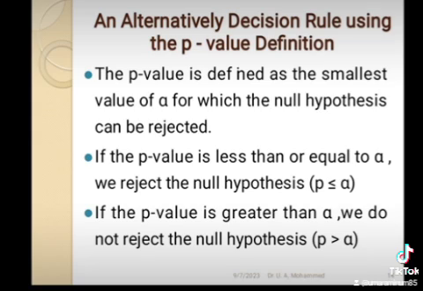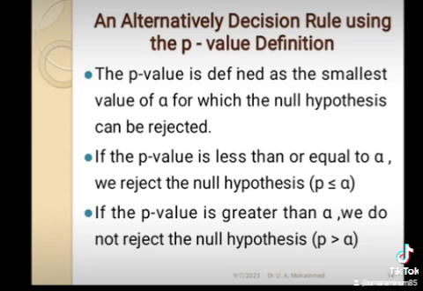The p-value is defined as the smallest value of alpha for which the null hypothesis can be rejected. That's either 0.05, which is the most commonly used alpha value. So now if your p-value is less than or equal to alpha, we reject the null hypothesis. That is to say, if your p-value is less than or equal to 0.05, then definitely it means there is significant difference, or there is relationship, or there is association when you reject your null hypothesis.